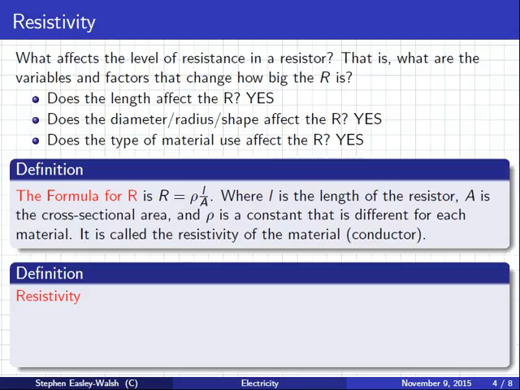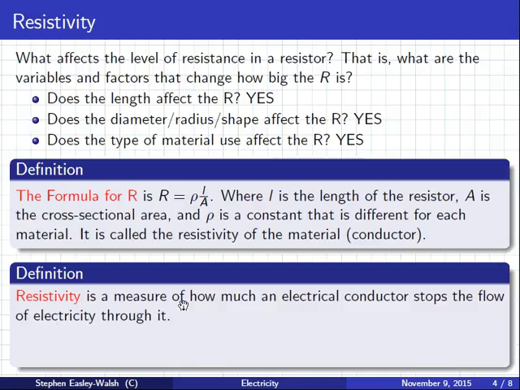Got this? Okay, so this rho is called resistivity, and it's a constant, and it's different for each material. The definition of resistivity is it measures how much the electrical conductor stops the flow of electricity through it. Most metals have a low value of resistivity, and what would have a high value?